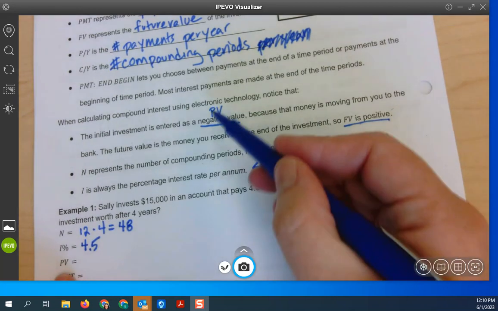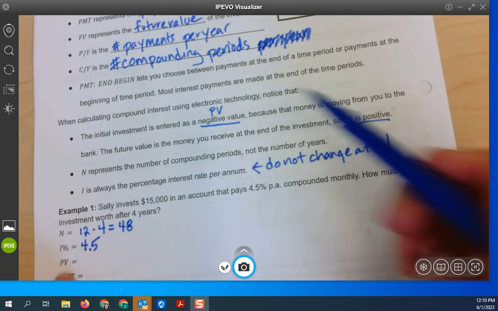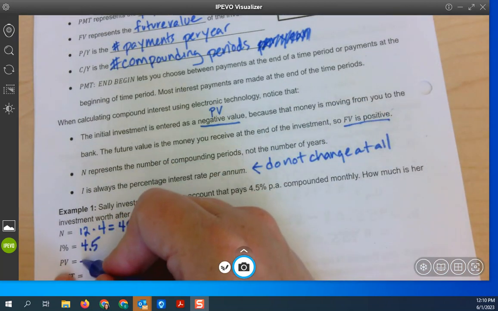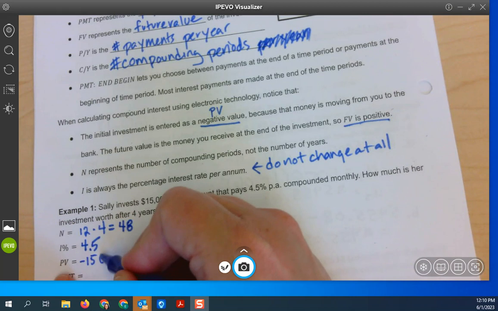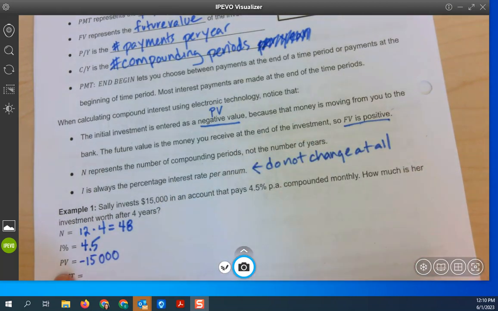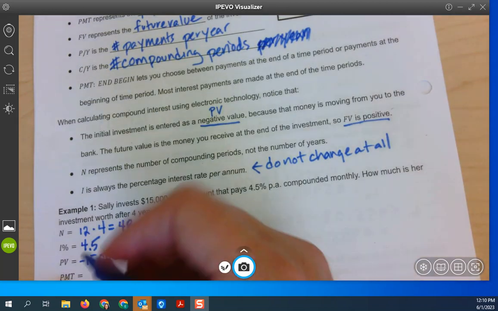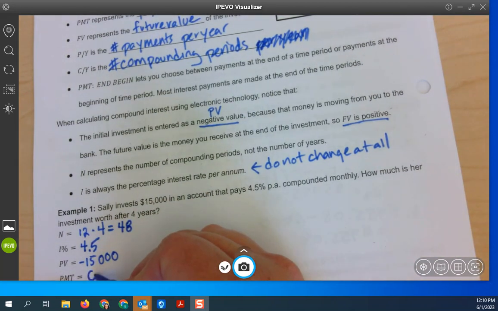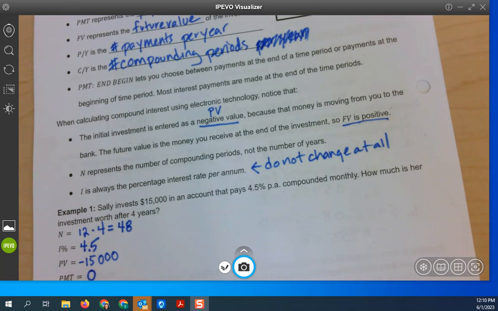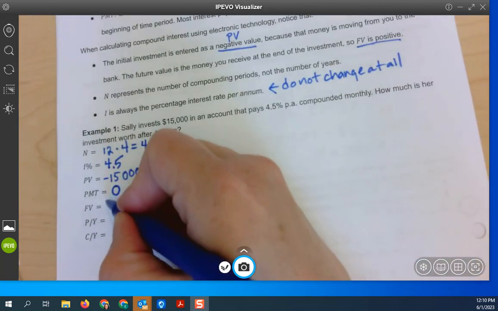Yeah, so it says the present value we need to put in as a negative. So that's negative 15,000, good. We're not making any payments. And the future value is what we want to know. So I'm just going to put a question mark there.